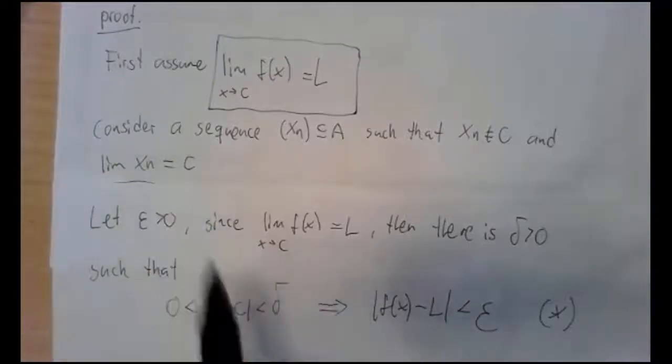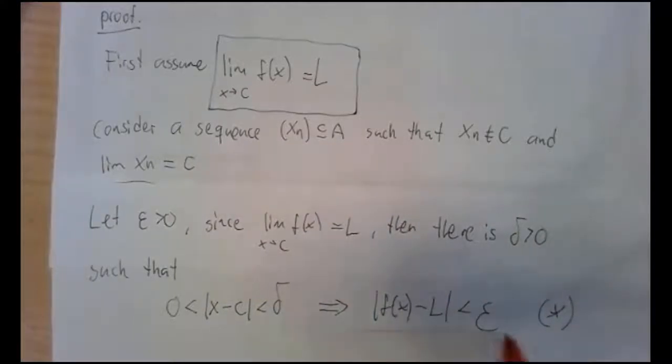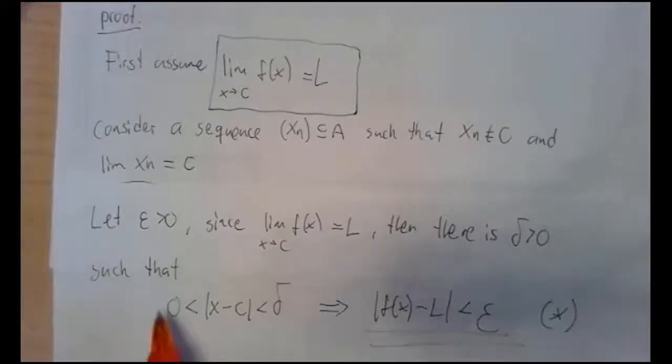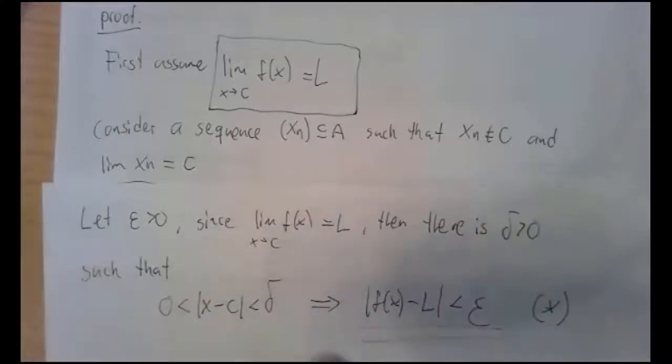And I want to combine that with this one. See, this one already has the conclusion that I want, right? So I want to use that I have the previous part. So I'm going to pick delta.